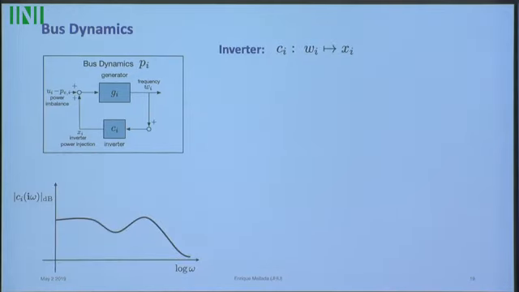For the inverter, I'm just going to assume flexibility in the design, meaning that I can map frequency to power. I'm not modeling the fast dynamics, and arguably for frequency control, all the fast dynamics will be solved before.